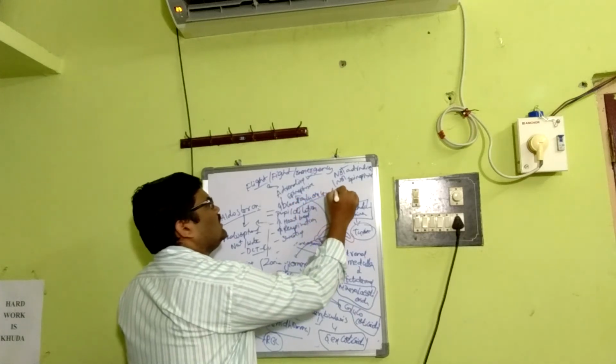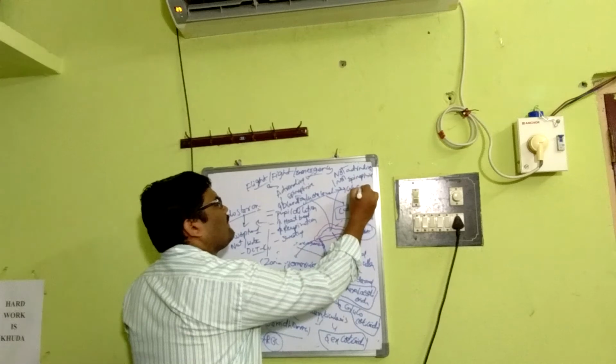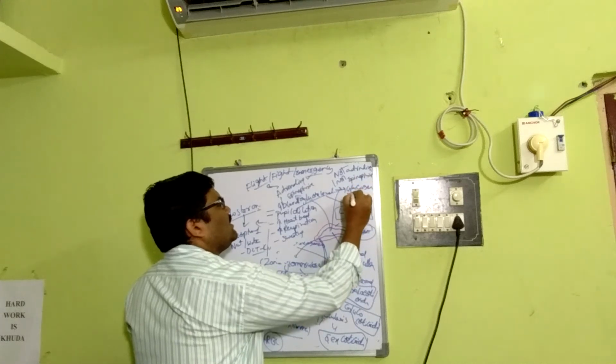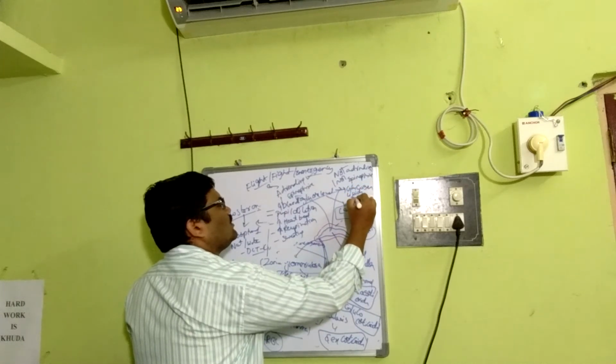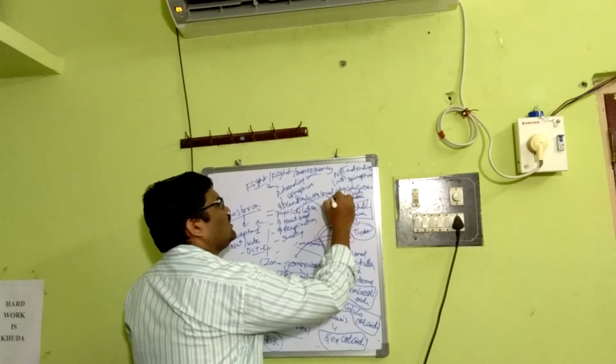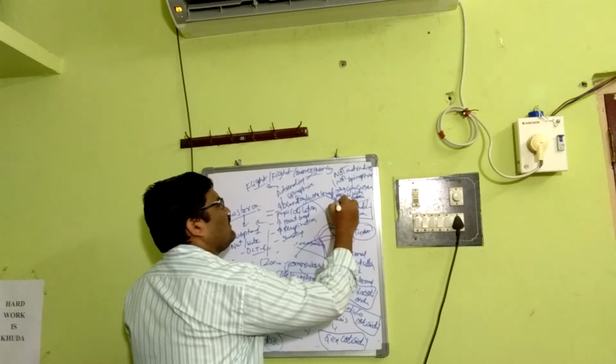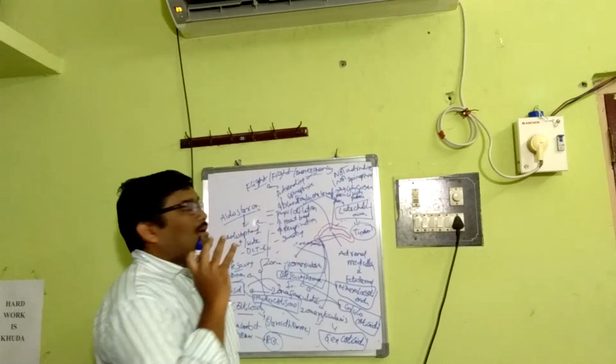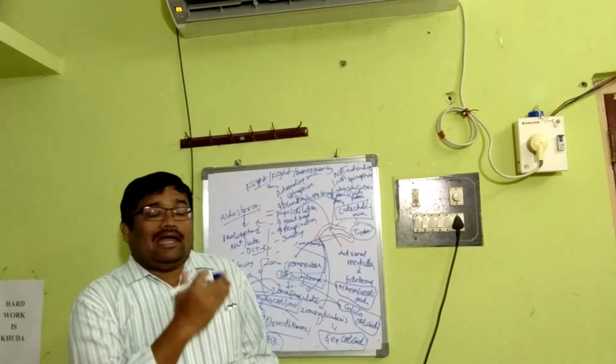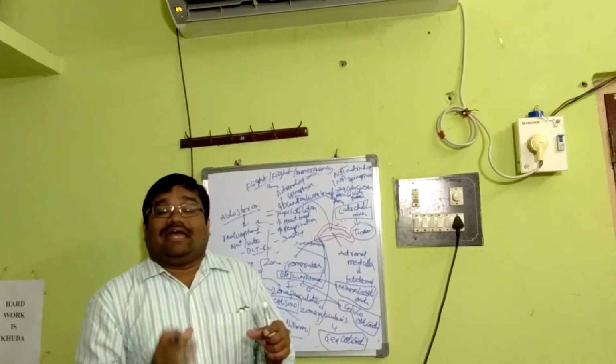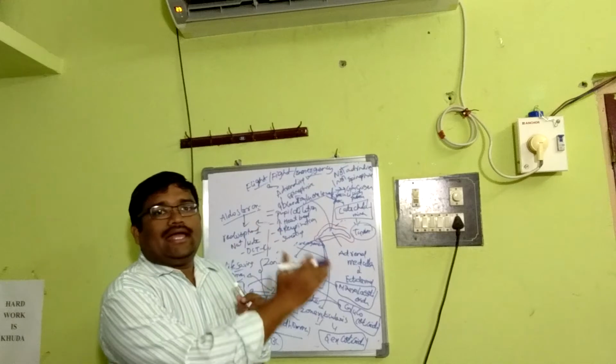Why? Because they break down glycogen, lipids and proteins. That is why epinephrine, adrenaline and noradrenaline are very important hormones at the time of stress. So that's all about the adrenal gland.